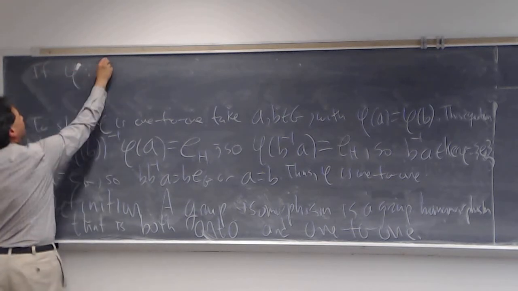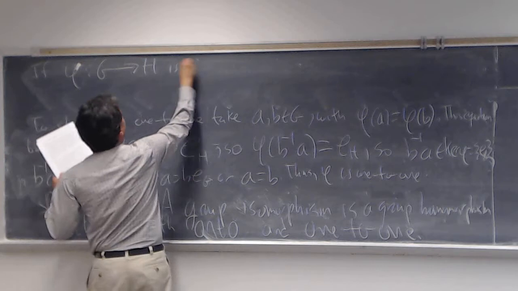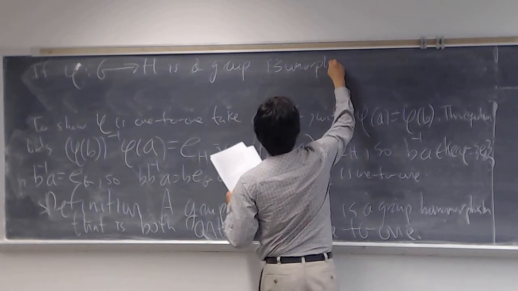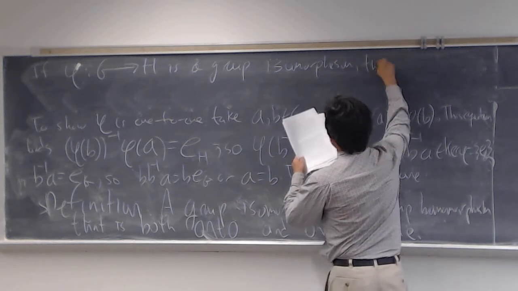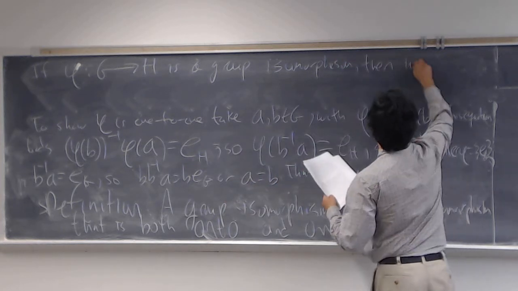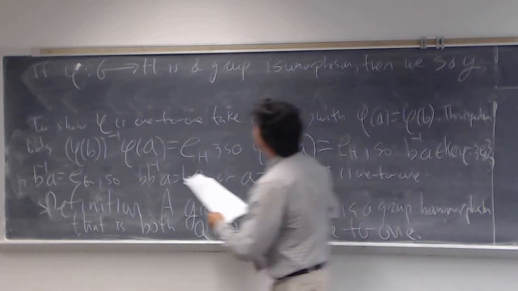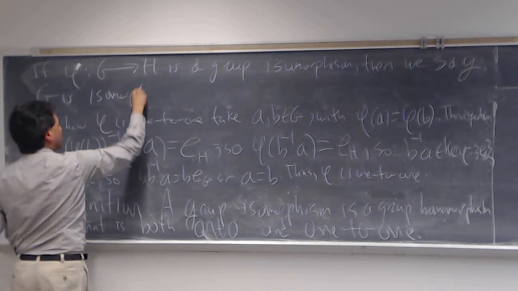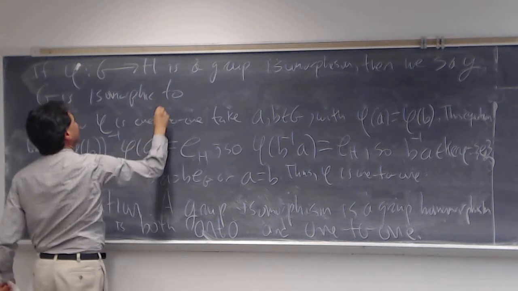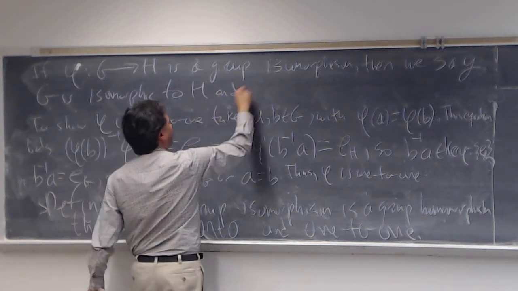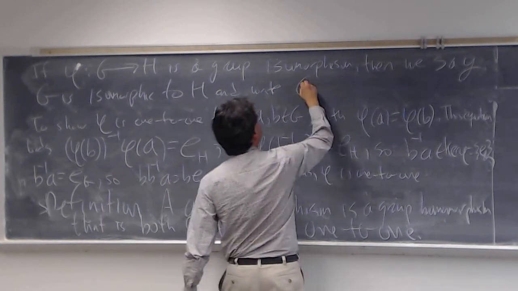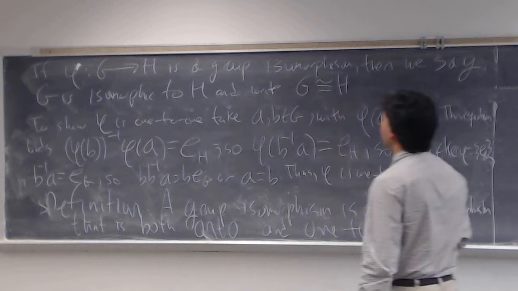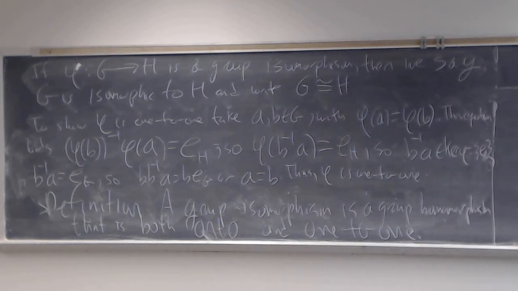And if phi, say from G to H, is a group isomorphism, then we say G is isomorphic to H. And we write G is isomorphic to H with an equal sign with a single tilde, a twiddle, on top. So that's notation for isomorphic.